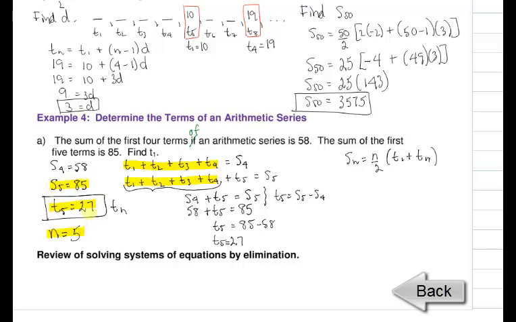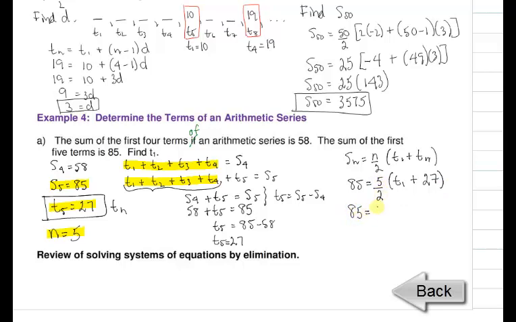I'm going to use this information to find T1. So because n is 5, our S subscript n is going to be S subscript 5. I will place 85 in that position. And then n is 5, so 5 divided by 2. I do not know what T1 is. And I know that T subscript n is going to be my T subscript 5, which is 27. And then I'm going to solve for T1.